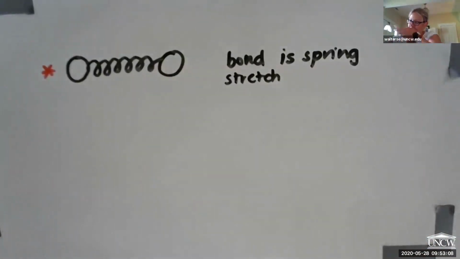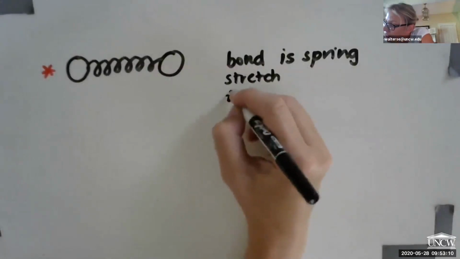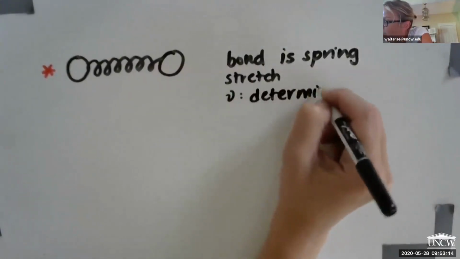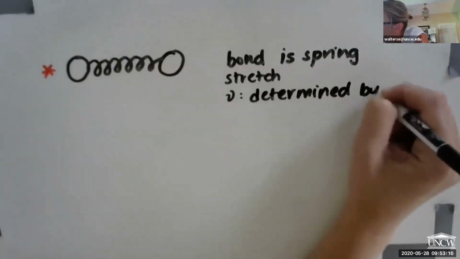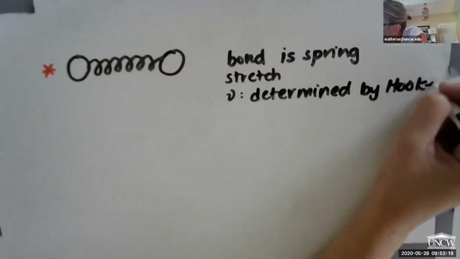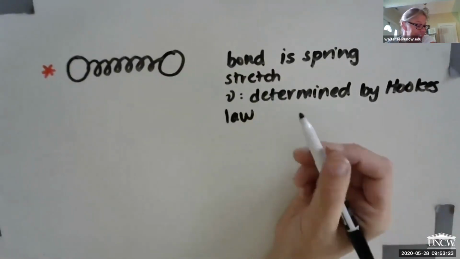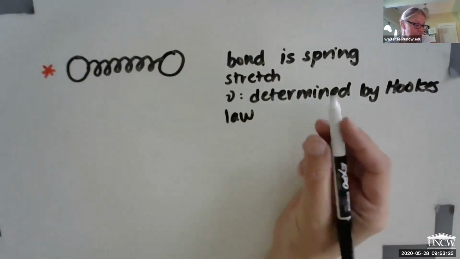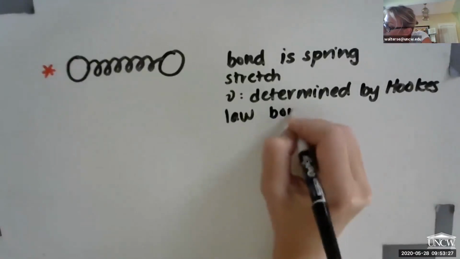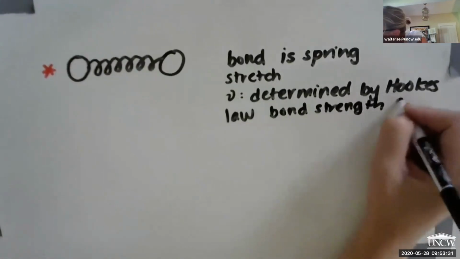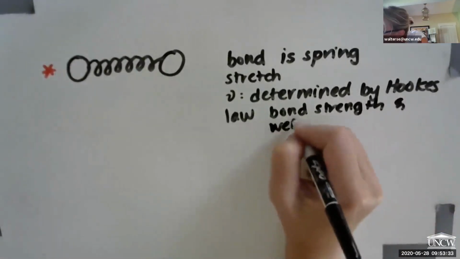So the bond spring stretch, or the frequency of the stretch, is determined by something called Hooke's law. Now that's really much more of a physics idea, but what it has to do with is the bond strength and the weight of the atoms.